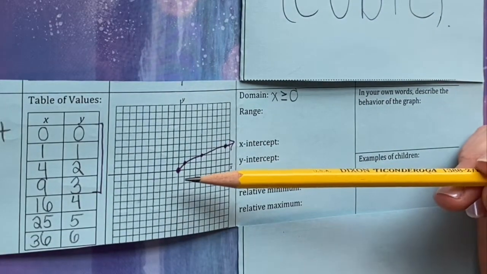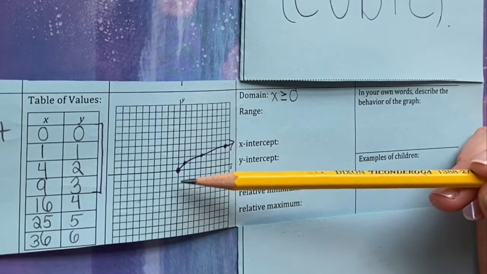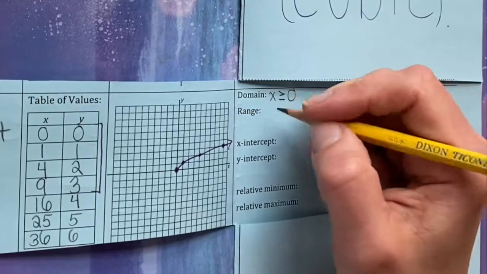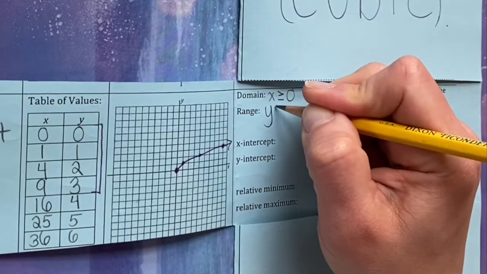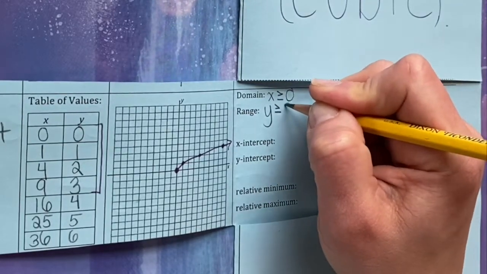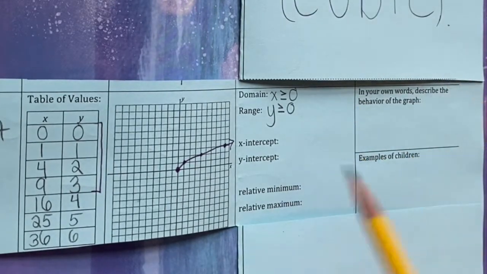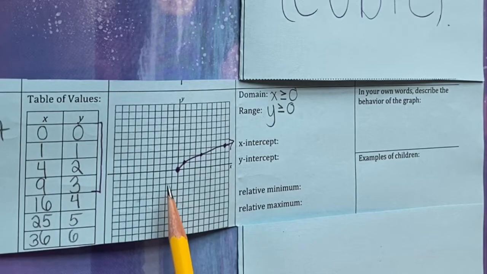Similarly for the y values. So the lowest y value is 0. So for our range, y is greater than or equal to 0. Again, this will change depending on that endpoint.